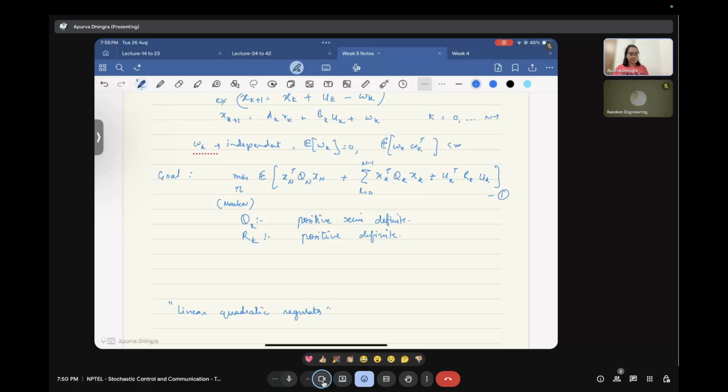A simple reason why these conditions are placed is because we are minimizing. If we don't put some constraints on these matrices, this would become an unconstrained problem, and we'd not get an optimized value. It'll become infeasible. It'll give us minus infinity and so on. But why should rk be definite, when it could be positive semi-definite?